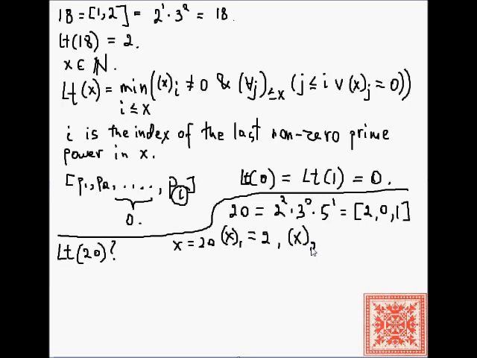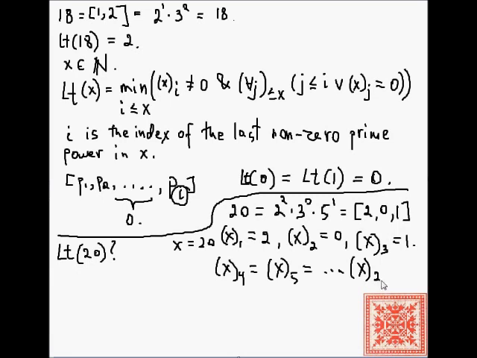The second component of 20 is 0, and the third component of 20 is 1, that is, 5 to the first. And for any other i greater than 3, where 3 is the last non-zero prime power, with i less than or equal to 20 by definition, the component is going to be equal to 0.